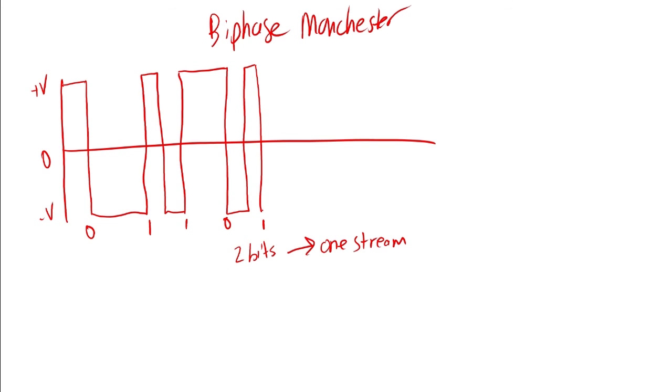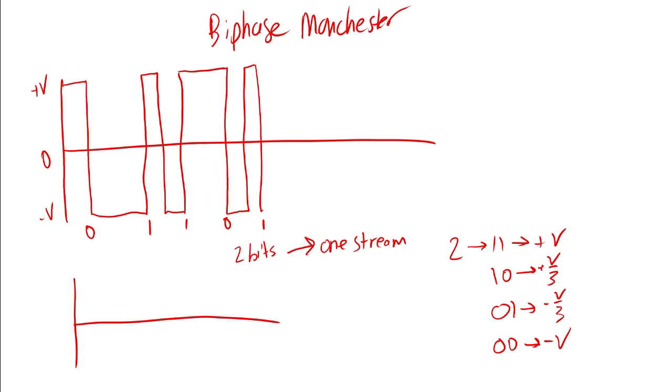So 2 positive bits is 1, 1, which is the full voltage. 1 positive, 1, 0 gives us a positive third of the voltage, and then 0, 1 gives us a negative third, and 2 negatives gives us negative voltage. So that results in a more complicated signal, so this is 0 V, and this is plus V. This is plus V over 3, minus V over 3, minus V.